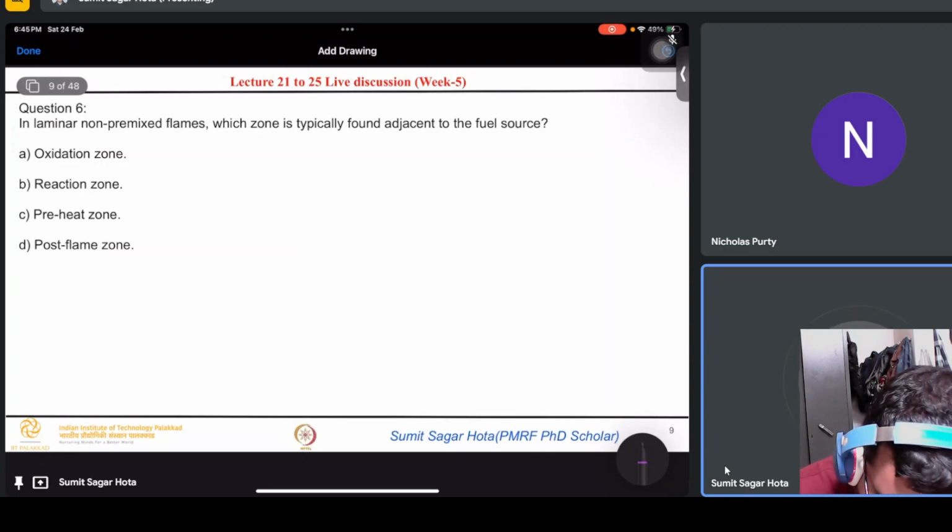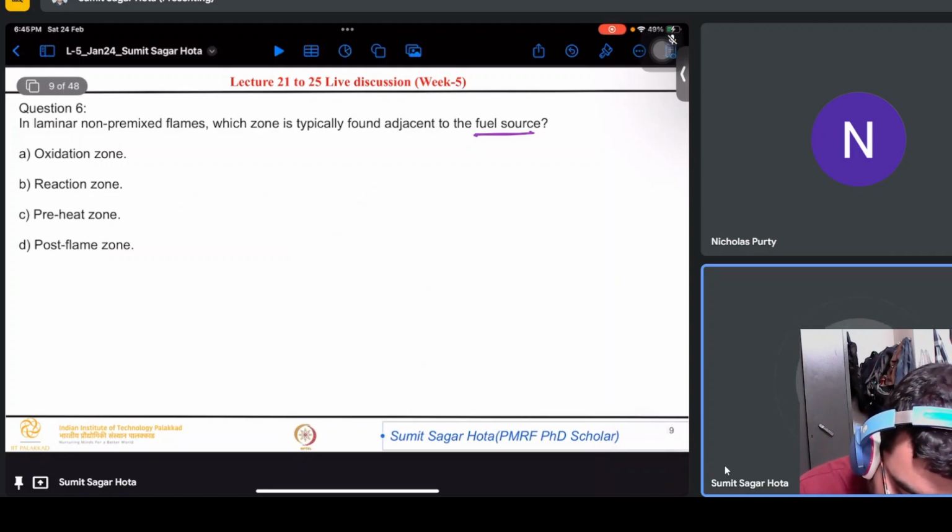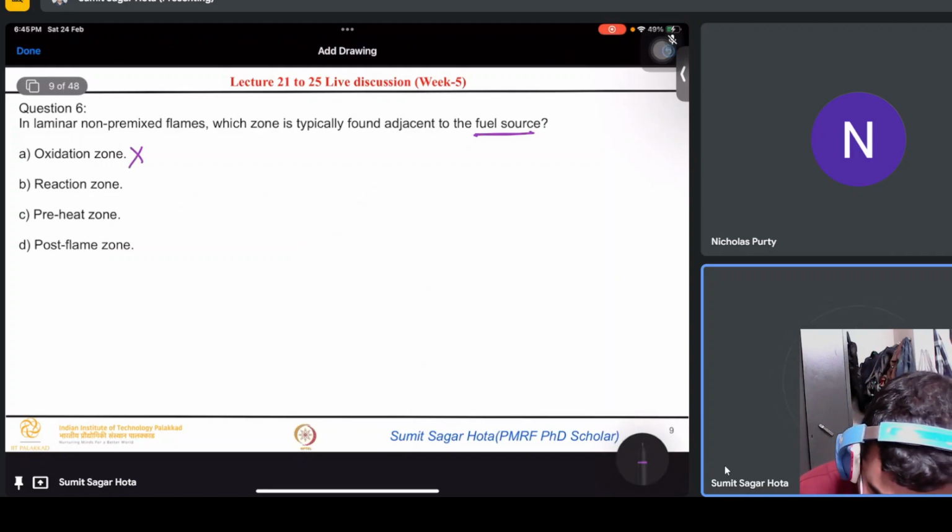If you see in this question, the options are oxidation zone, reaction zone, preheat zone and post flame zone. The fuel source cannot be nearer to the oxidizer, so the oxidation zone cannot be nearer. First option wrong.